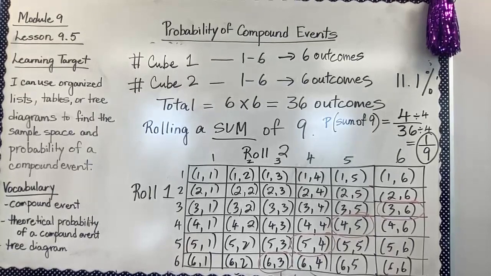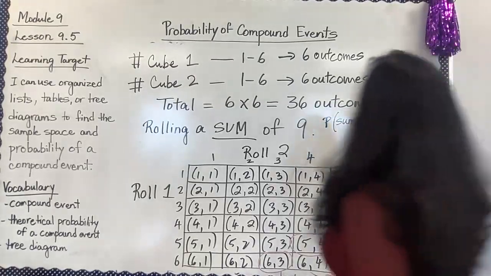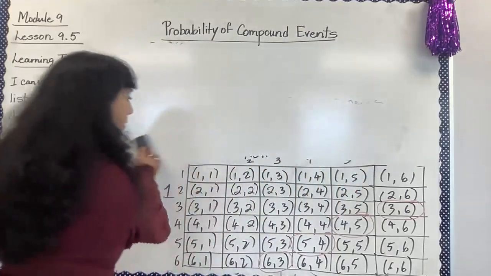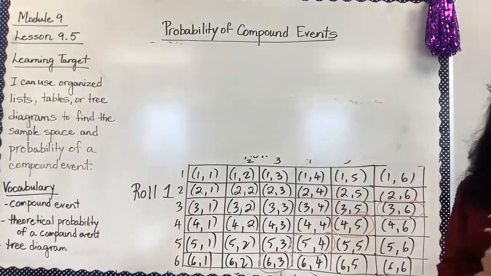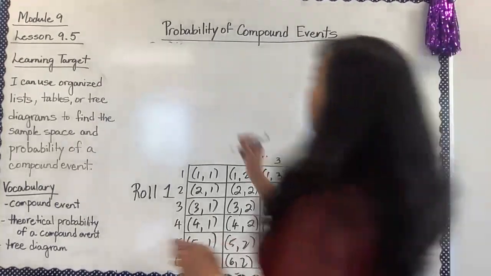Okay, so let's look at this. I'm going to write down what the outcomes are. 2 coins are tossed, so either you have heads or you have tails. I'm just going to make a tree diagram.